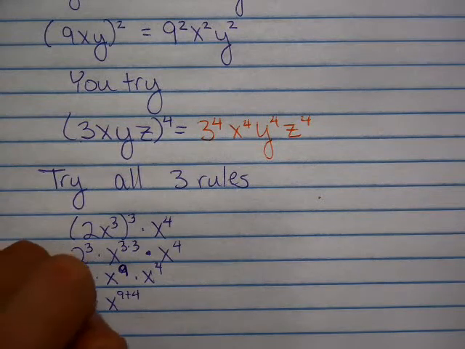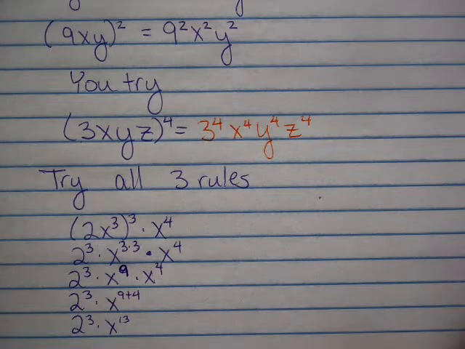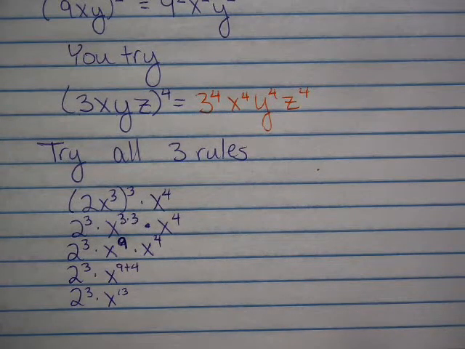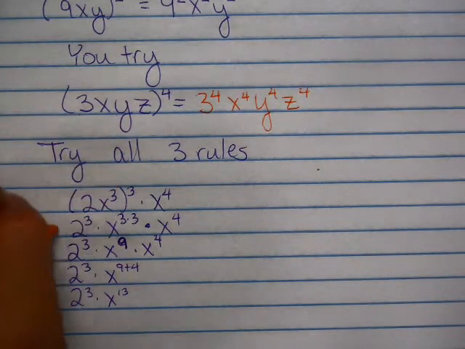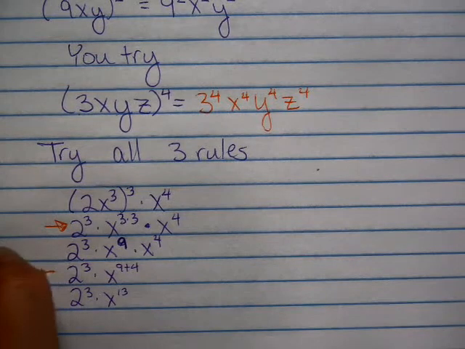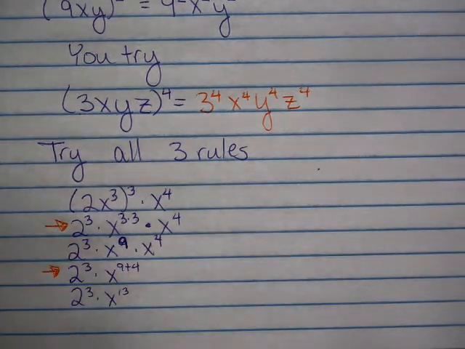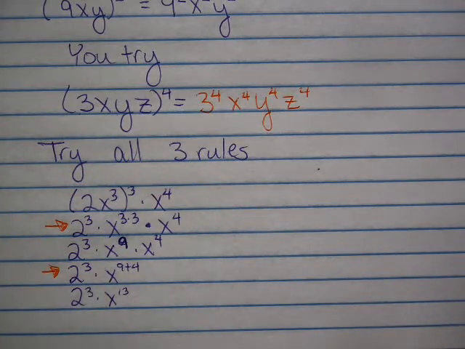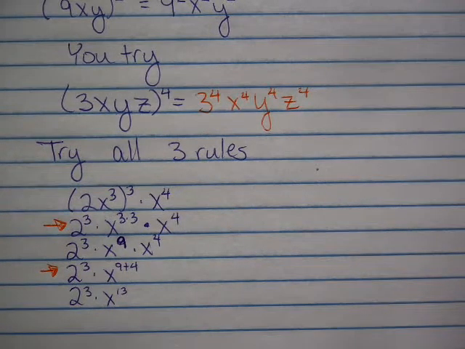So I have 2 cubed times x to the 13th. So that's a lot of steps, but I really would recommend at least doing most of them. This step right here where you show me it's multiplication and this step right here where you show me it's addition, you don't have to do, but I need the other two steps to be shown, just so you can make sure that you're doing it right and not losing points for something that's easy.